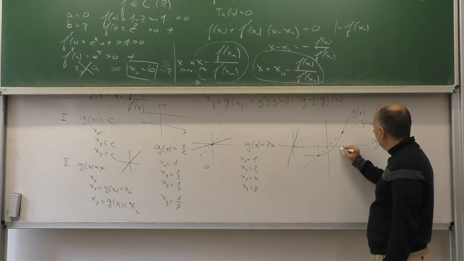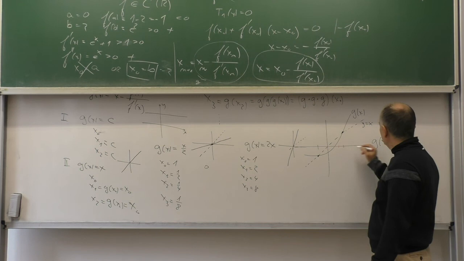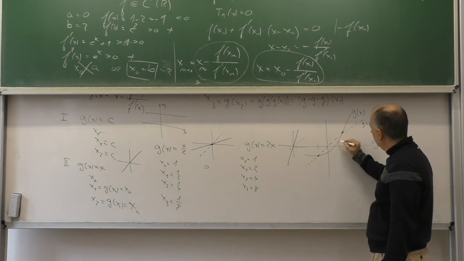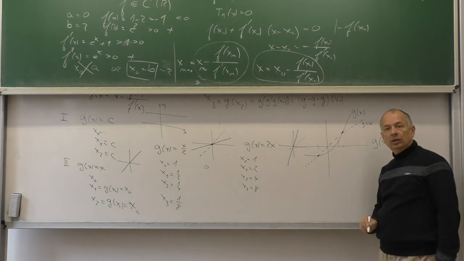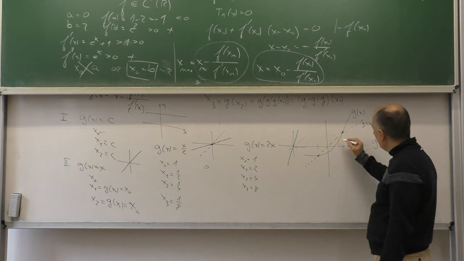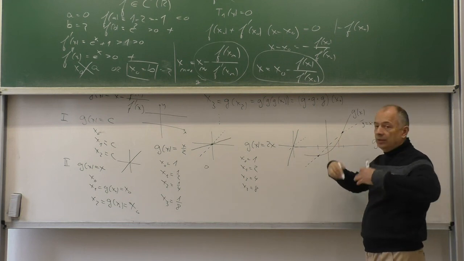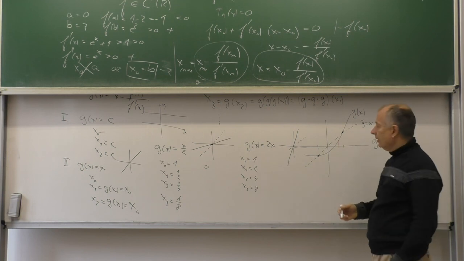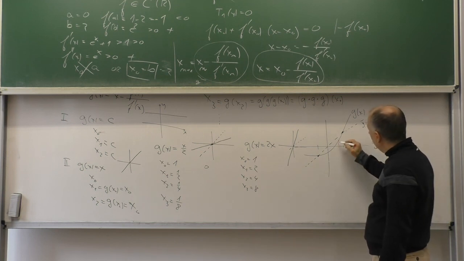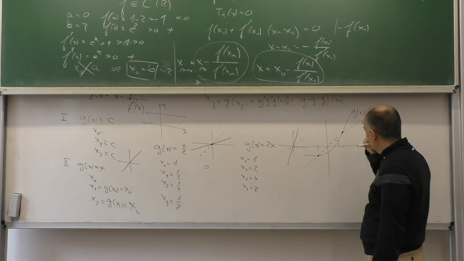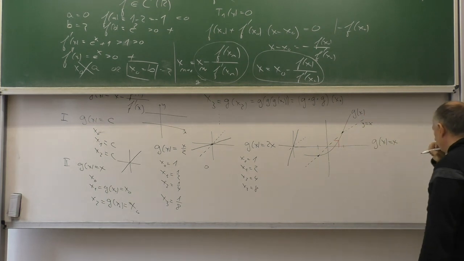If you have some initial value, then applying g means we find the height of this point on the line. And then we want this value, this output, this y value, to use as the input, as the x value in the next step. So to have this distance on the x-axis, we just go to this line.